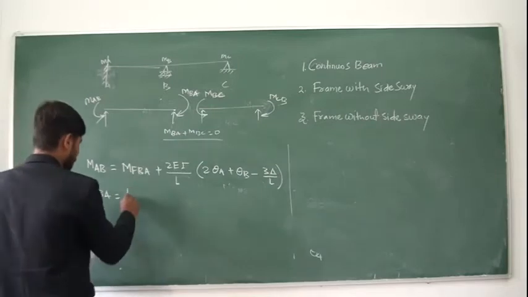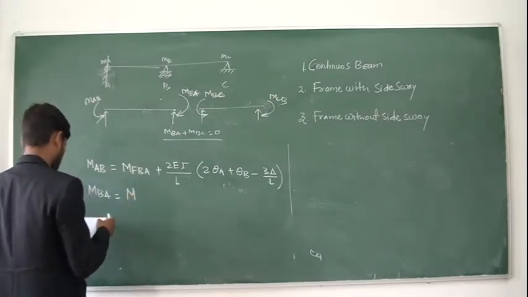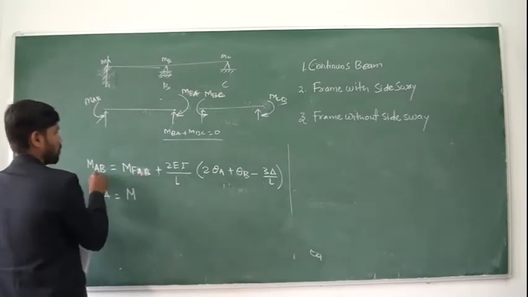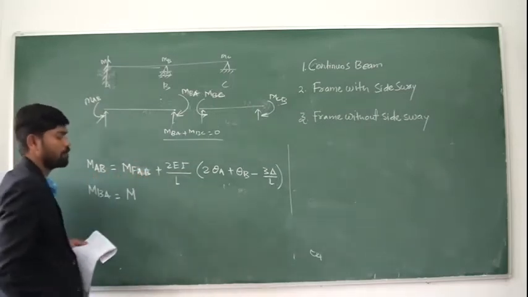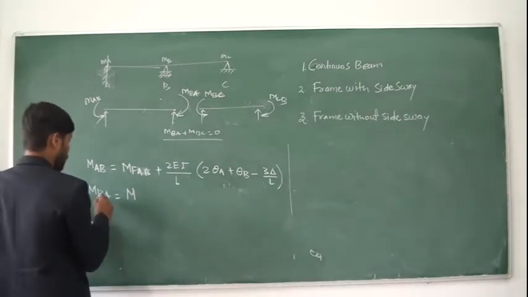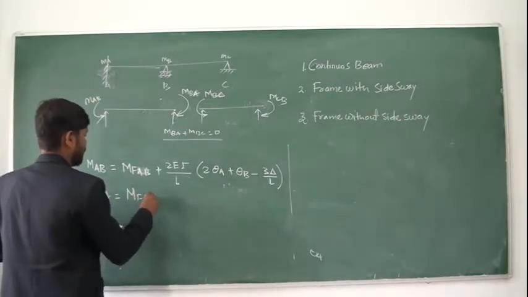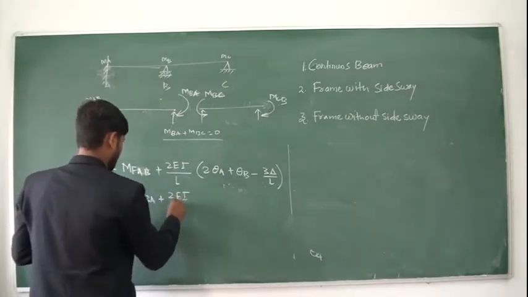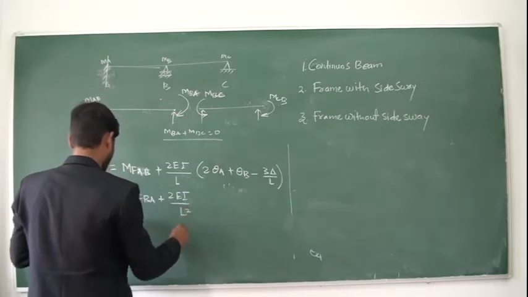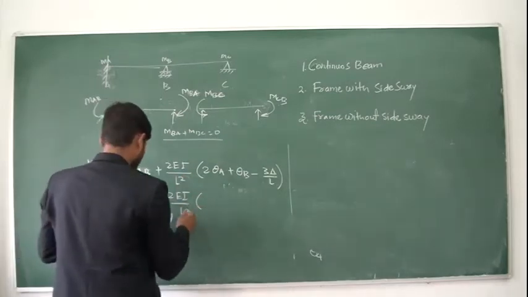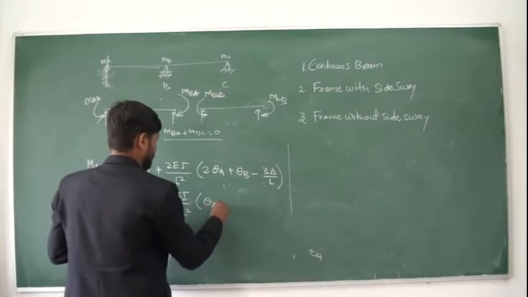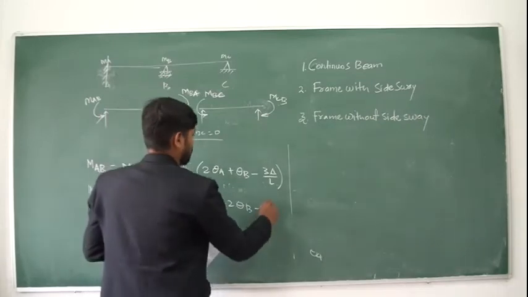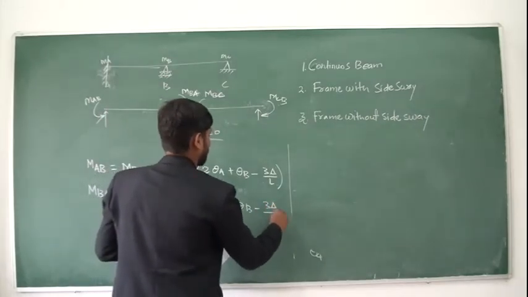MBA will be MF, here it is MFBA. Then we are going to talk about AB. Definitely here it will be AB. Now MBA will be MFBA plus 2EI upon L square divided by theta A plus 2 theta B minus 3 delta upon L.